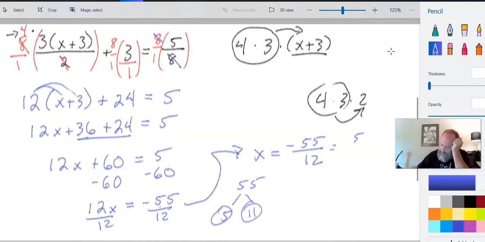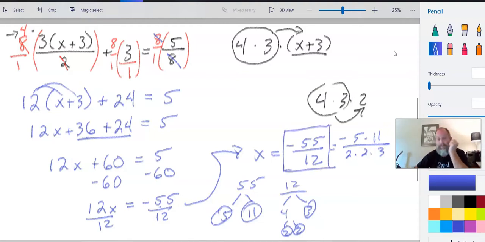So this is 5 times 11, and that's negative. And 12 is 4 times 3, which is 2 times 2 times 3. You notice there's nothing that cancels out here, so we were already reduced. So we got the answer, negative 55 over 12.